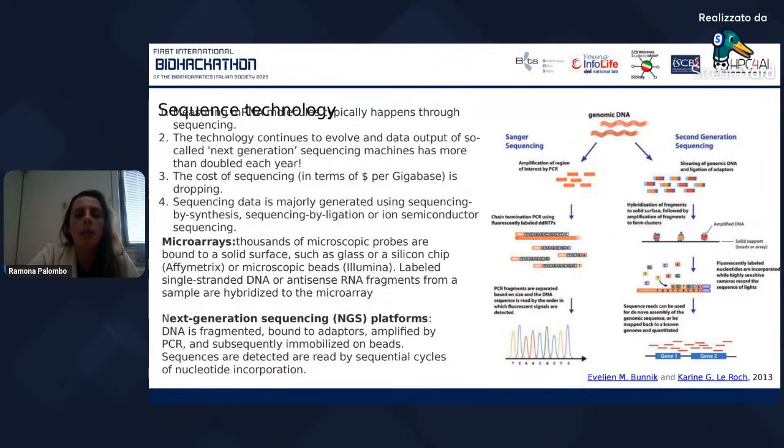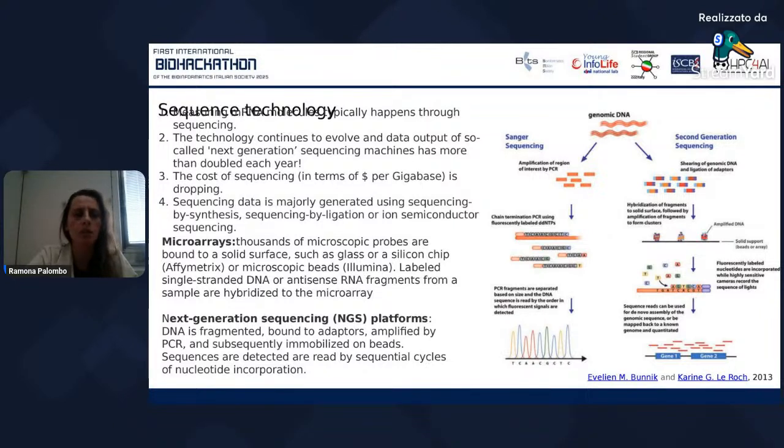And sequence technology. So what kind of sequence technology can we exploit? In recent years, we know that the technologies continue to evolve, and so we have different kinds of machines that are able to measure and detect a very high number of molecules at the same time.